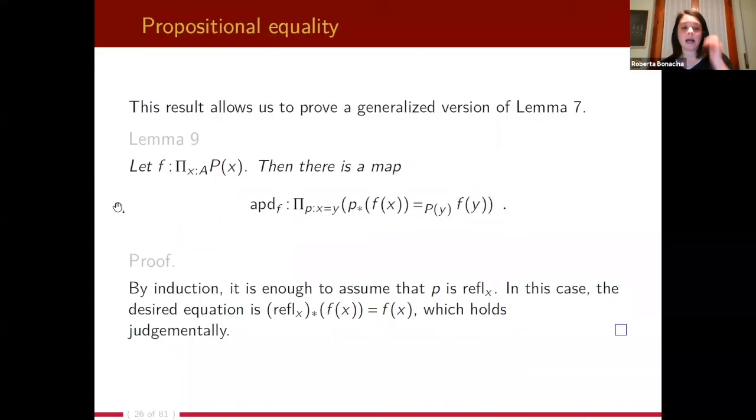This can be done by induction, again, assuming that P is reflexivity. And in this case, the equation holds judgmentally, so the reflexivity star of f of x is trivially equal to f of x.